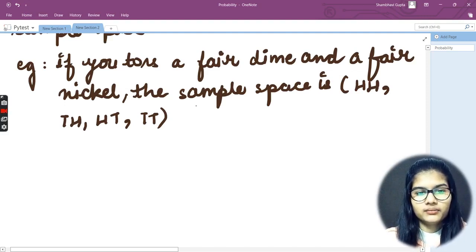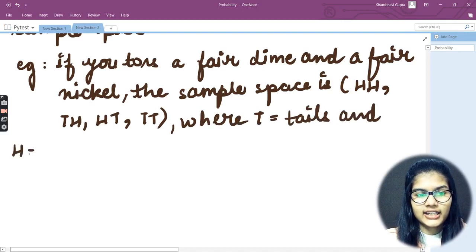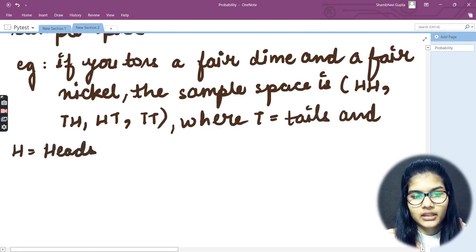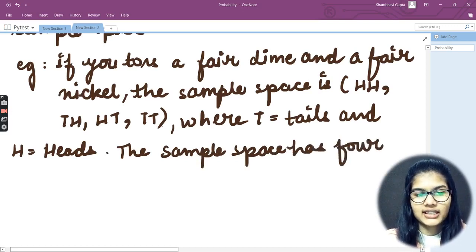Now, in this question, t is equal to tails and h is equal to heads. Now, in this respective case, the sample space has four outcomes, right?